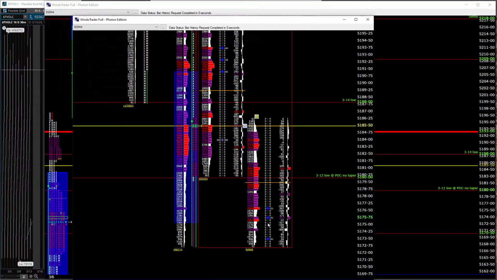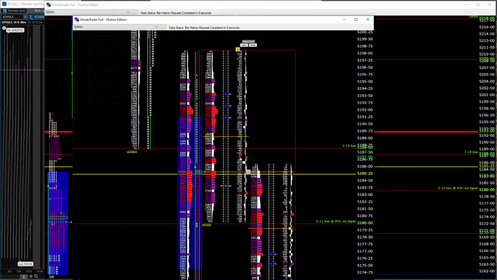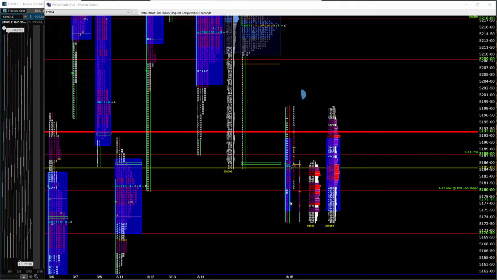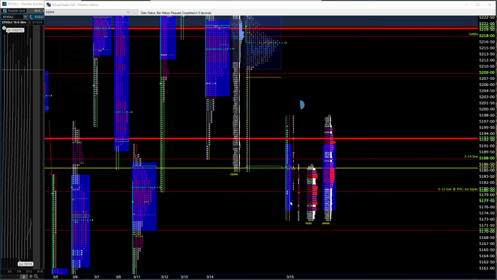Again, same action. The biggest size comes when the market goes higher. This is another catalyst. The market is holding.